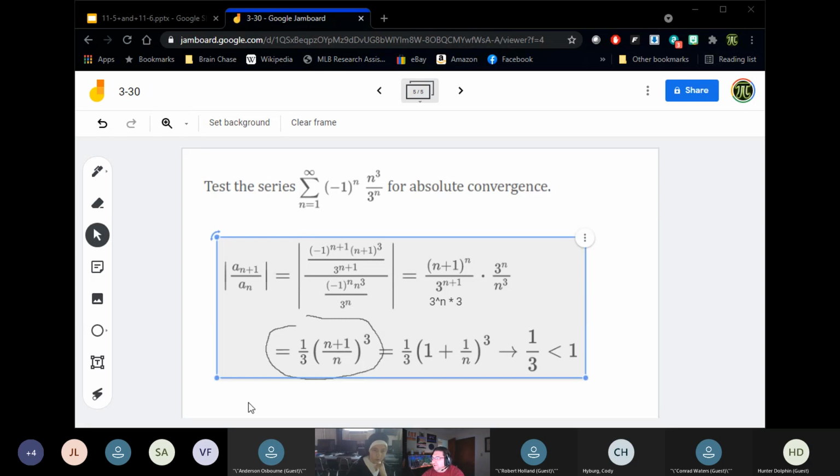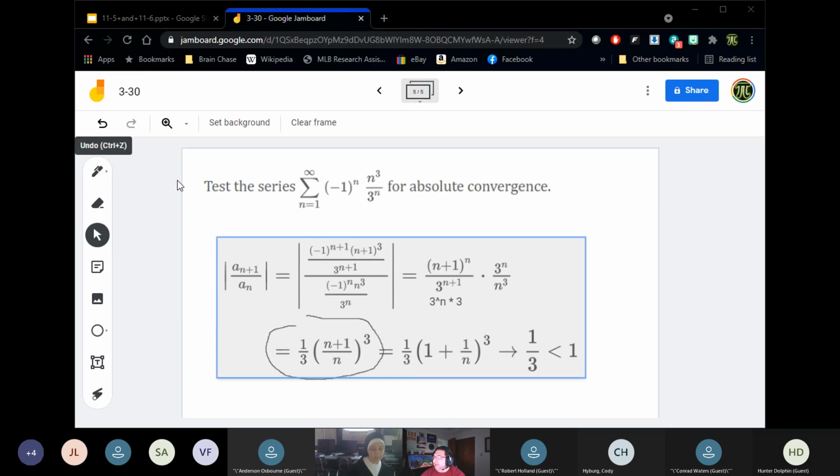Okay. So when we get down to the 1/3 times n plus 1 over n, I can then divide that, so that's how I get 1 plus 1 over n to the third power. Now, as n goes to infinity, because that's in essence what I'm doing, this part goes to 1. So I end up having 1/3 as my limit.